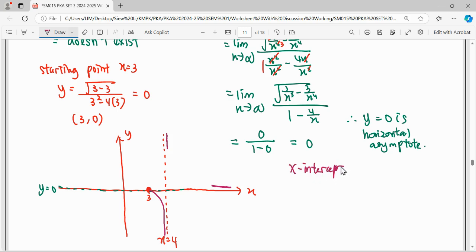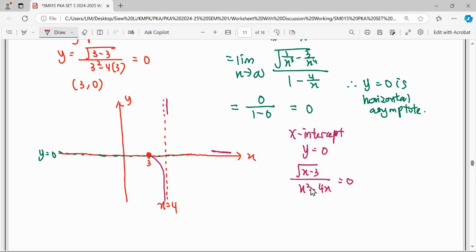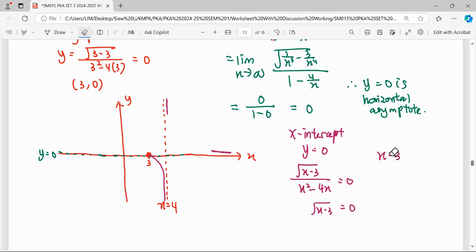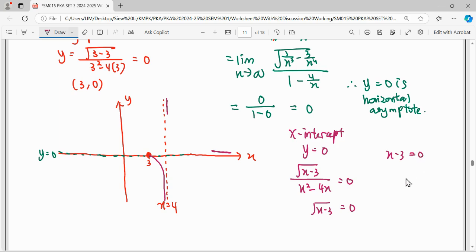So we check for x. Intersect is counting when y equals to 0. So set x minus 3 over x squared minus 4x equals to 0. Kita pindahkan square root, hilangkan square root, square both side. 0 square both side, still 0, betul? Then x equals to 3.